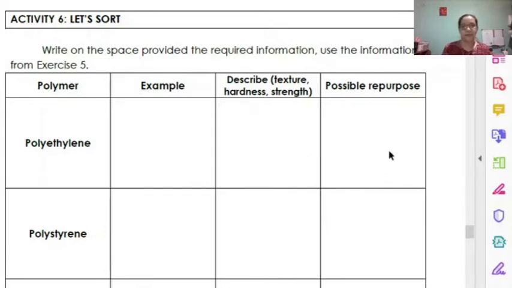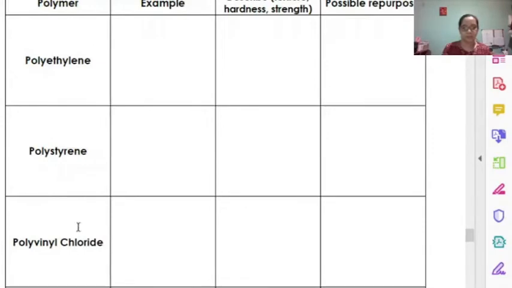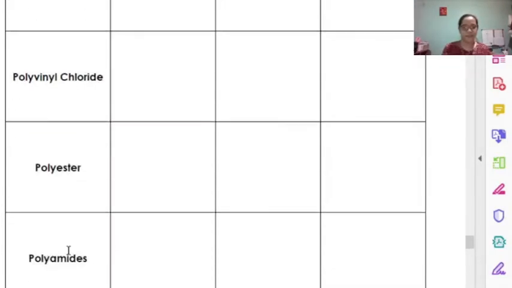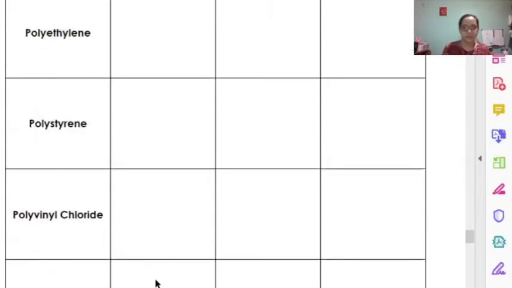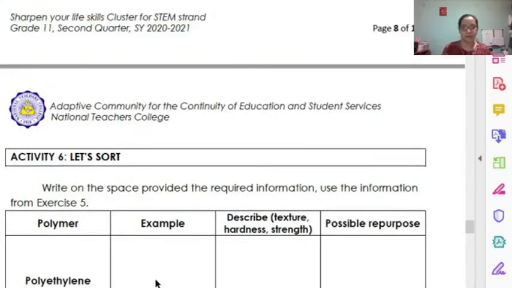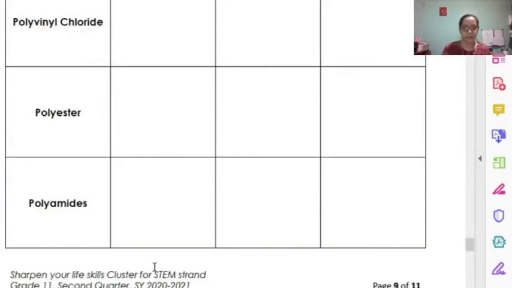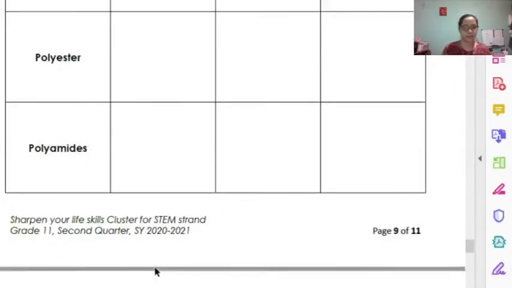And then, what is its possible repurpose or what else can you use the polyethylene for? And for the polystyrene, polyvinyl chloride, polyester, polyamides, you can get your examples from the previous activity to lessen the time of your research.